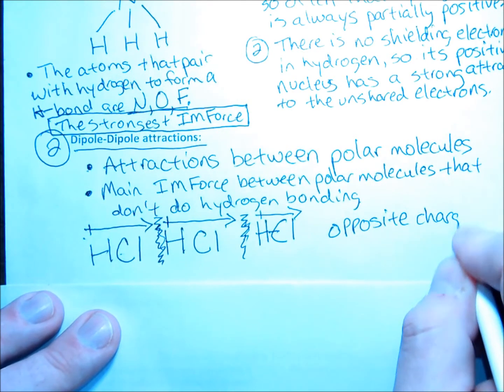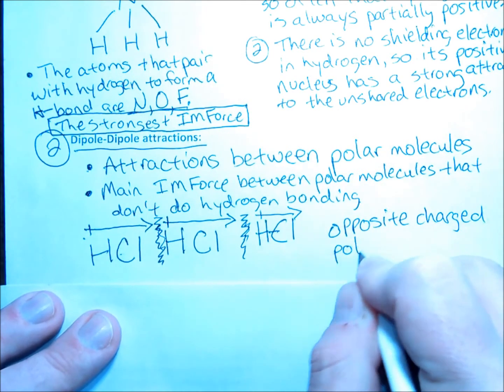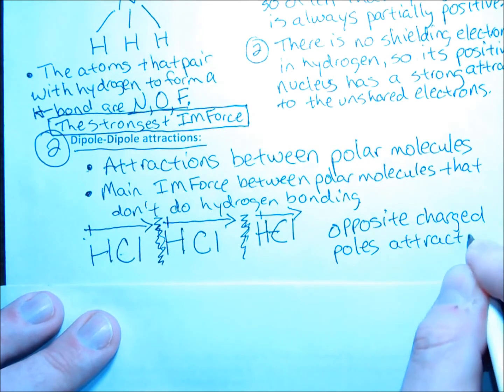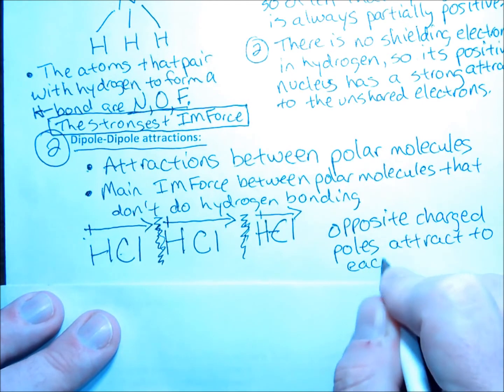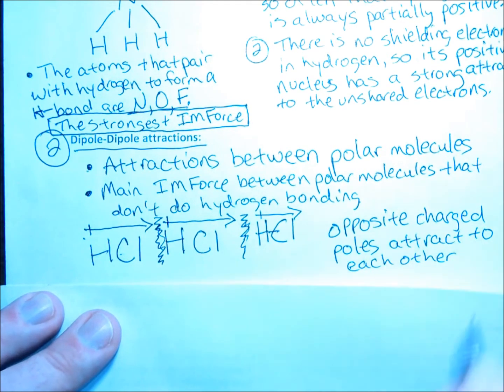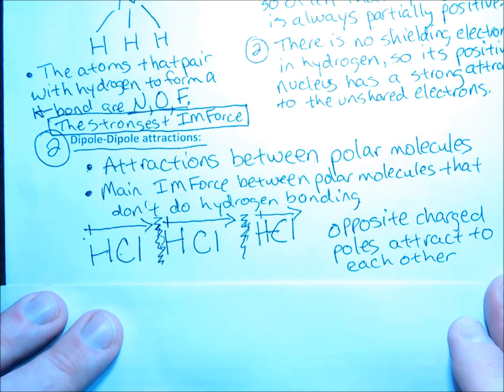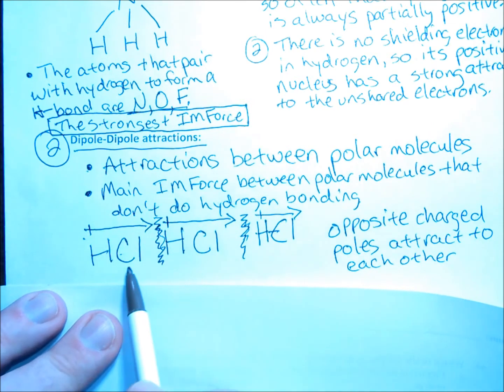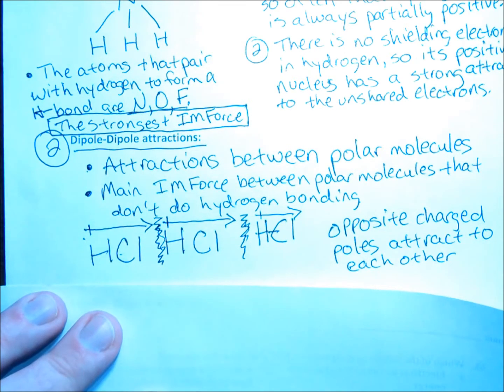Opposite charged poles attract to each other. Okay? And we know HCl molecule does this because HCl is polar, but chlorine is not one of those atoms that is electronegative enough to form a hydrogen bond.